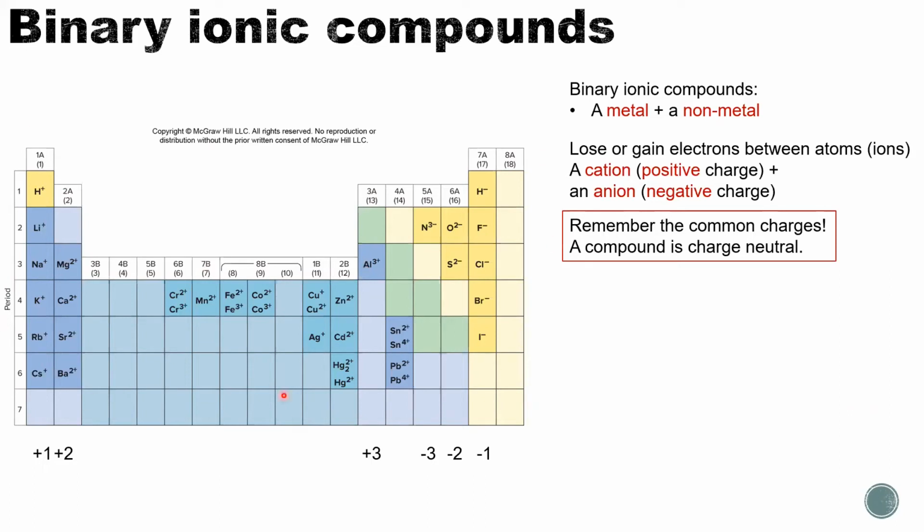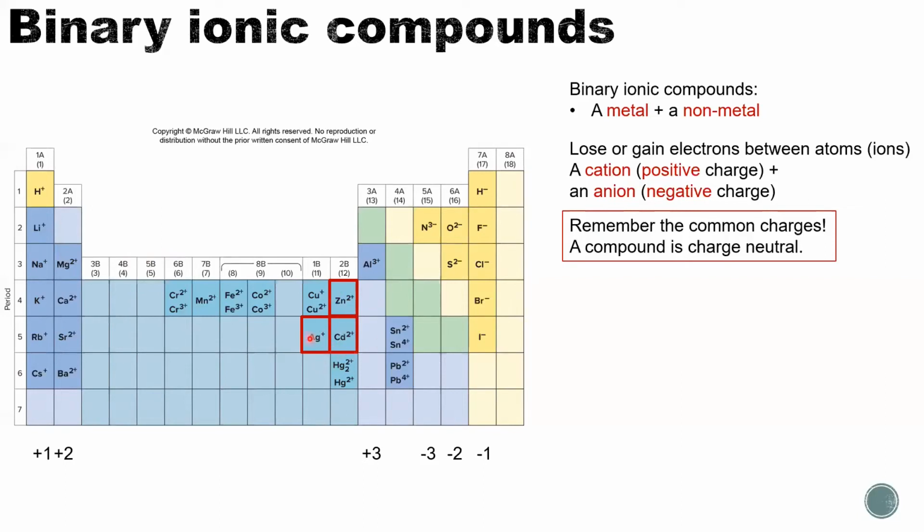By counting the position of an atom in the periodic table, you can identify its common charge. The transition metals in the center typically carry multiple charges, with a few exceptions highlighted here. Zinc is always 2+, silver is always 1+, and cadmium is always 2+.